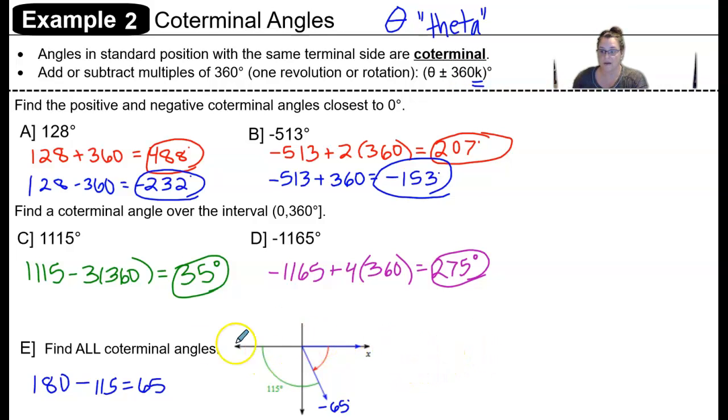So my coterminal angles would be negative 65 degrees plus or minus 360 times k. And again, that's where k is any integer.